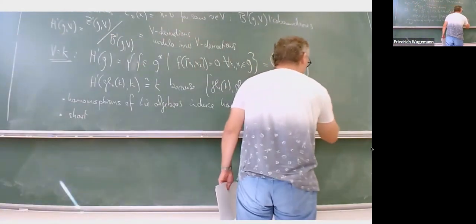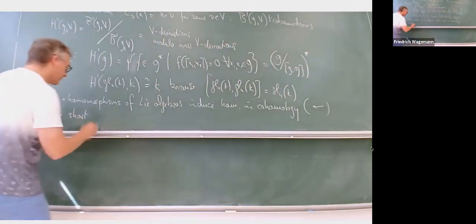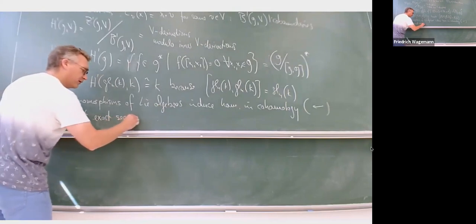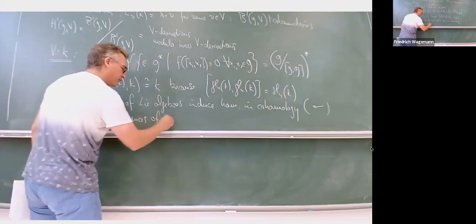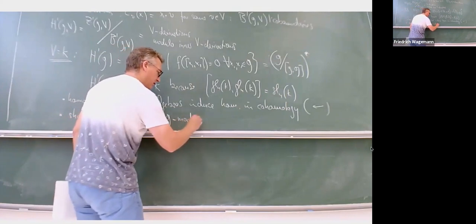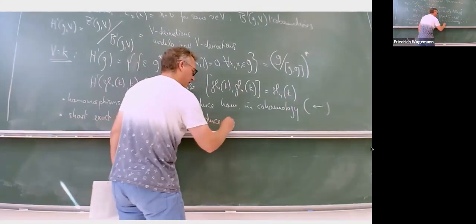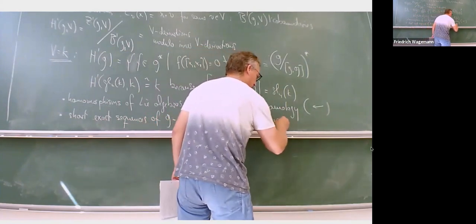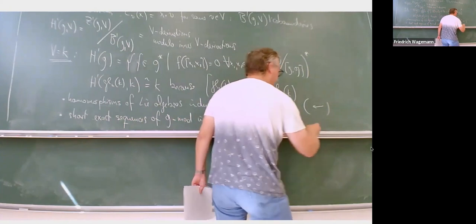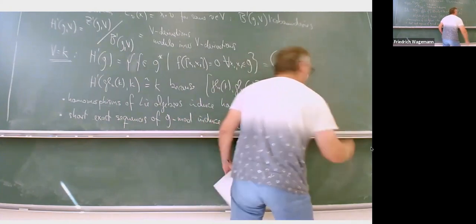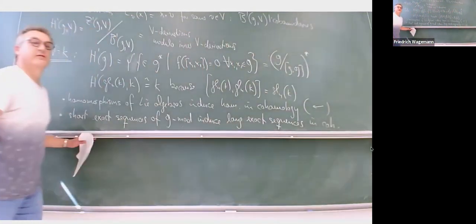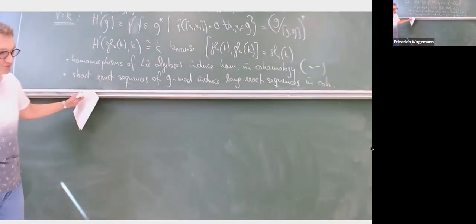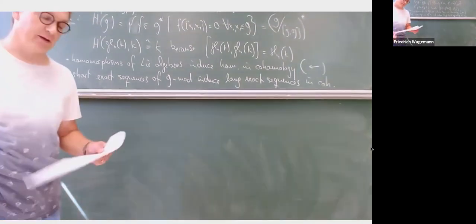And short exact sequences of G-modules induce long exact sequences in cohomology. These are features which are true for most cohomology theories, so they are very, very general.